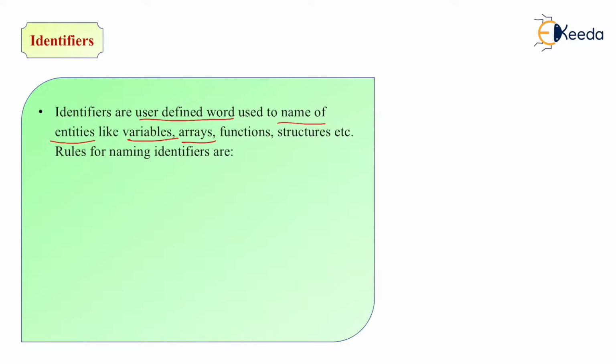That can be variables, arrays, functions, or structures. Don't worry about these terms, in my next videos we'll brief them further. But to define an identifier, there are certain rules that you have to follow. Without that, you cannot write any C program.